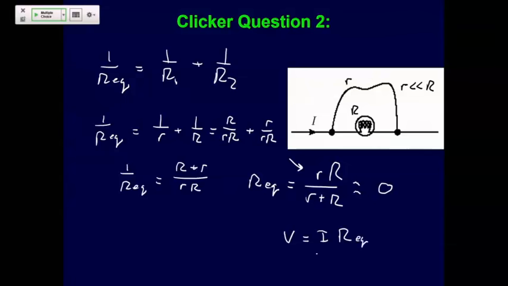Well, over this whole piece, the total resistance is 0, so the voltage drop across this piece becomes 0. That's one way to think about it. If you want a more mathematical picture, basically the current will go through the top part, and so if you see this in a problem, what you basically have to do is ignore the light bulb in this case, and replace it with a wire, okay?